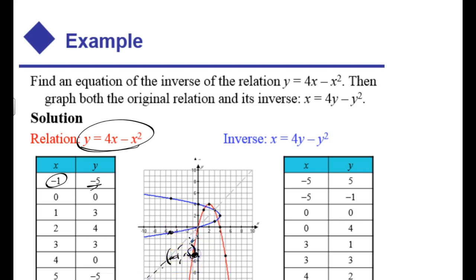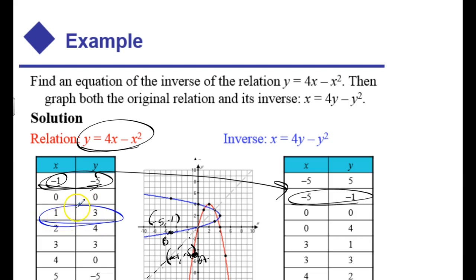So if I were to fold that over, point A would fall onto point B, which is -5, -1 right here. So this inverse is down here. And we could continue with the chart. So really I only needed to find points on the function because the inverse of 1 comma 3 is going to be 3 comma 1.